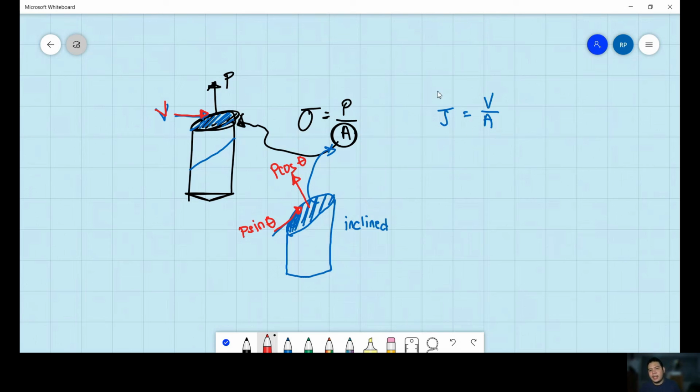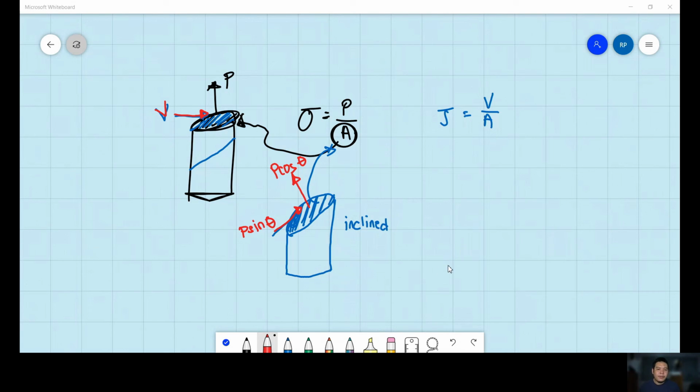So basically there is nothing new. It's just that the area and the direction of the force were changed in an inclined surface. You may use this formula for your guide, or if you want to derive your formula, you will arrive at this much more simplified equation.